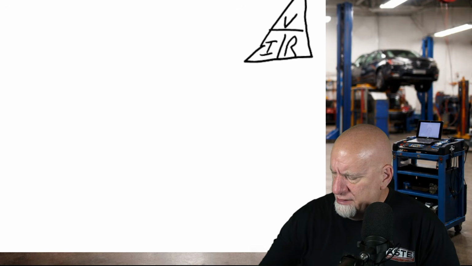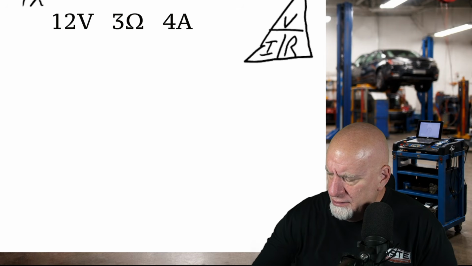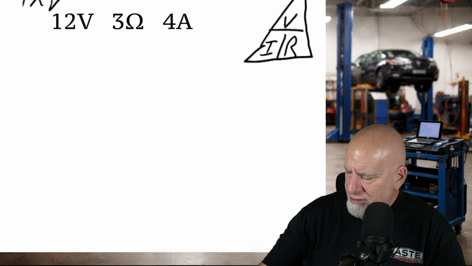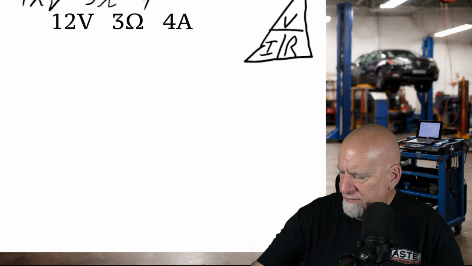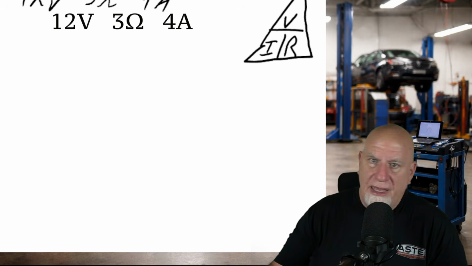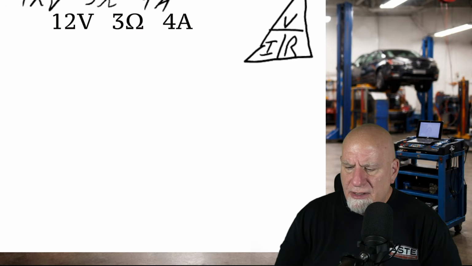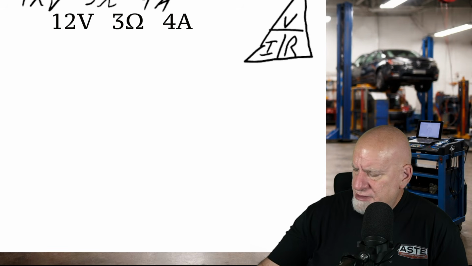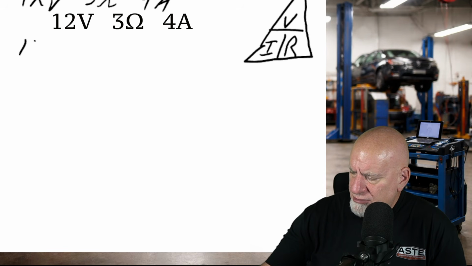We had 12 volts, 3 ohms of resistance, and that results in 4 amps of current flow. So let's say now that our voltage drops down to 10 volts.